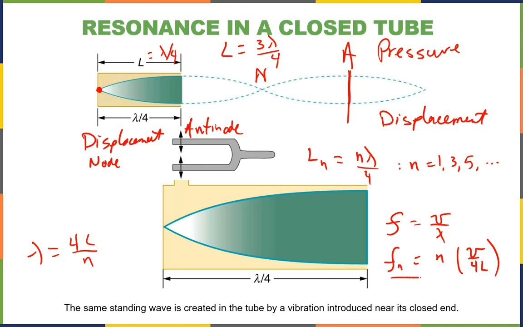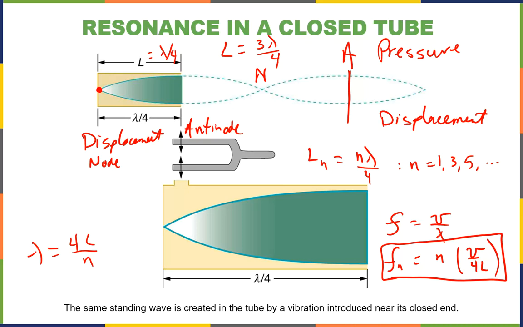Here I've just shown what the equation is for the frequencies that will resonate on a closed tube. Substituting in what wavelength is, the frequencies that will resonate are n times v over 4L, where n is an odd number. For a string, it was n times v over 2L, where n is any integer. So odd versus any integer, and 2 versus 4.